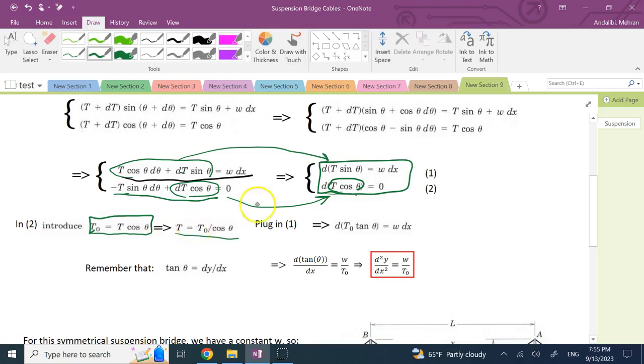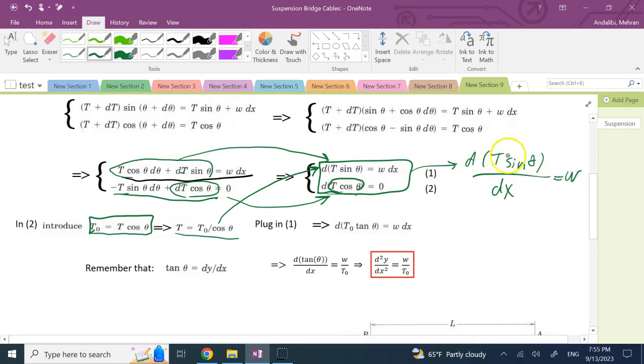And now I plug that into this top equation. So it becomes what? If you look at this top equation and divide both sides by dx, it becomes d of t sine theta over dx equals w, right? Now for that t, I replaced it with t naught over cosine theta, correct?